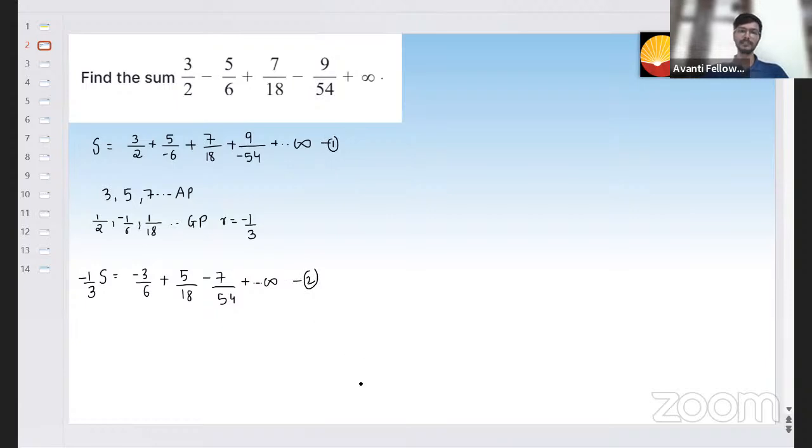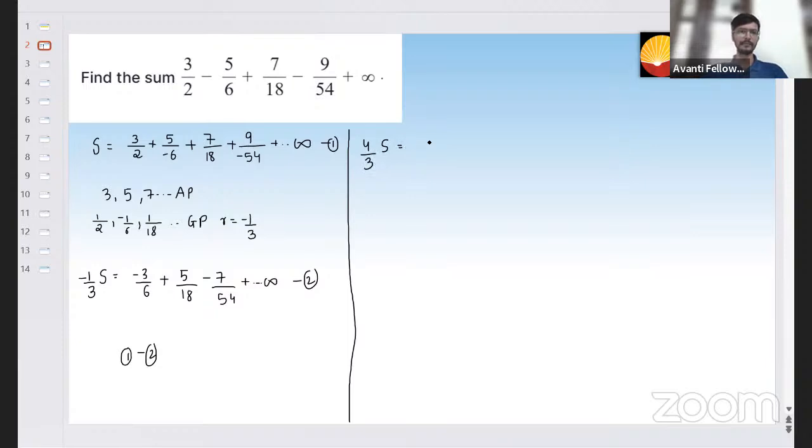What do we do in such cases, guys? We subtract. If I subtract 1 minus 2, what will my answer be? I'll get 4 by 3 S, correct? 3 plus 1.